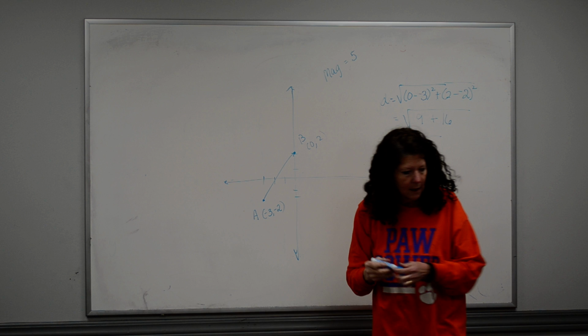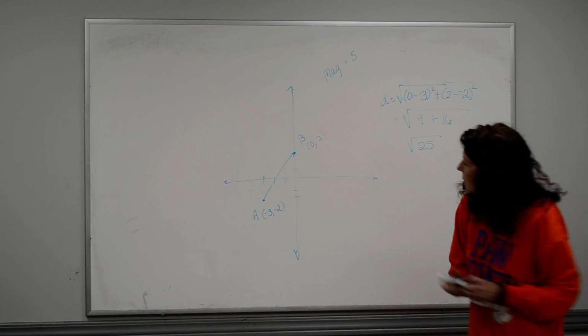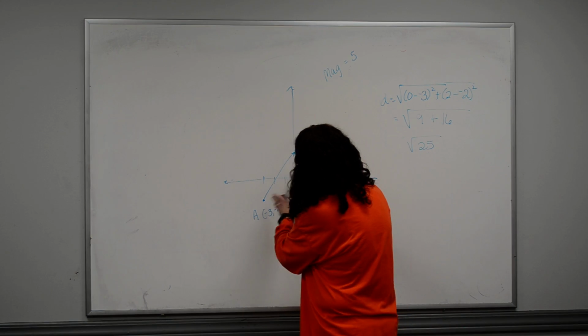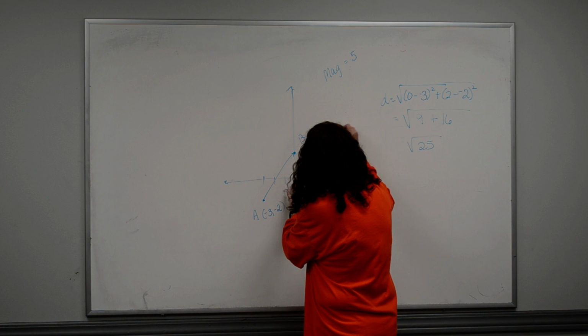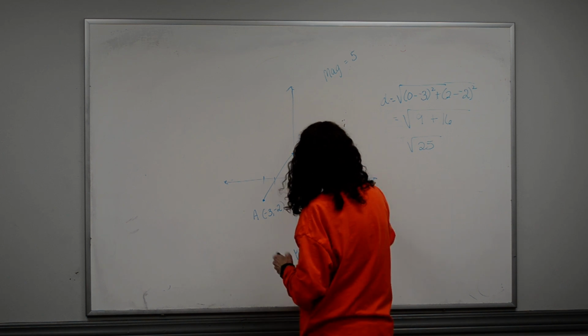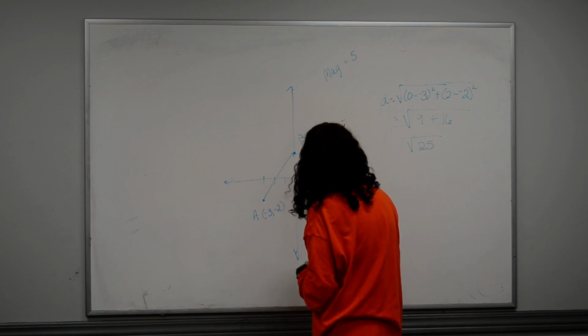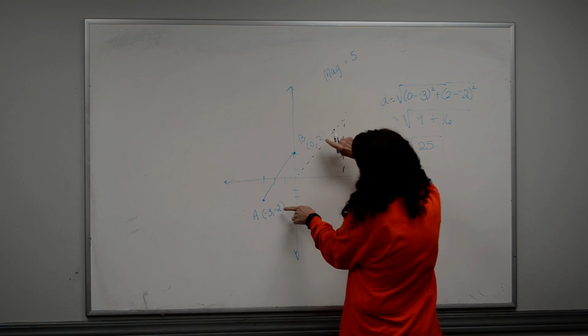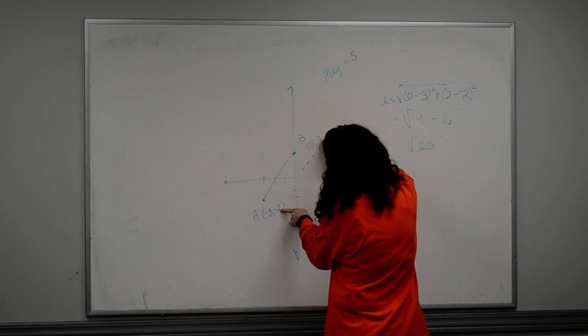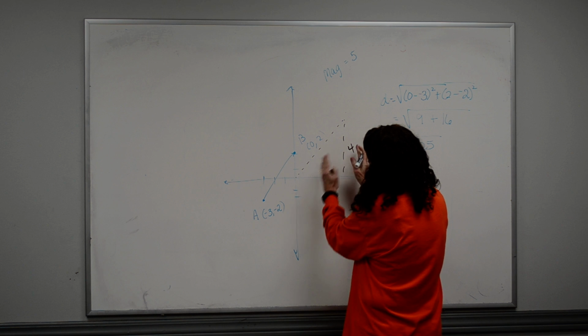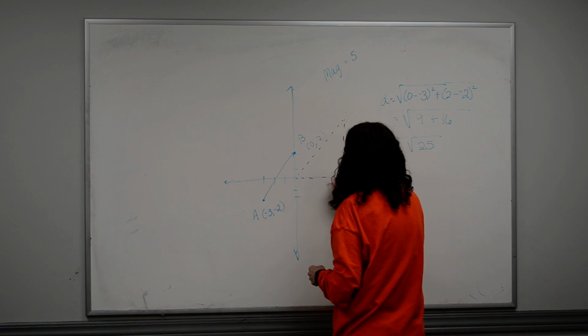Direction is a little bit trickier. I'm literally going to take this and I'm going to transpose it up like this. Okay, so I've taken this and I've moved it here. Now, the difference in these two, from negative 2 to positive 2, is 4. So the distance there is 4.